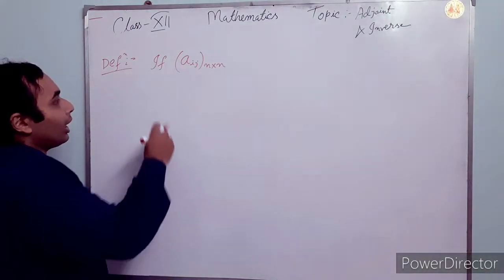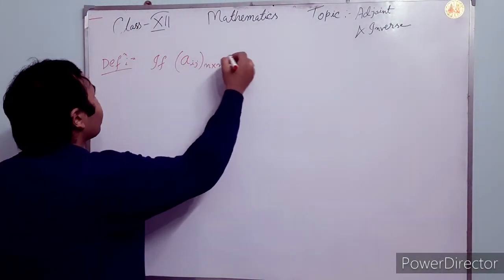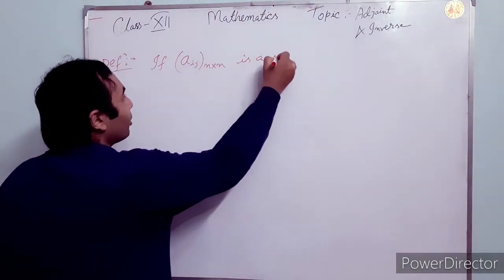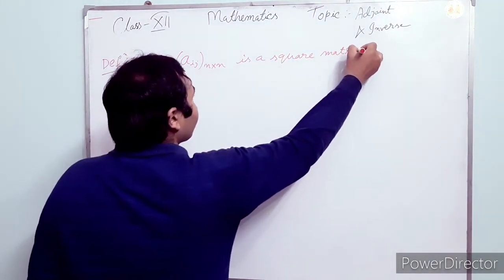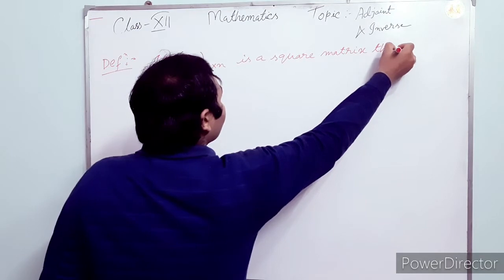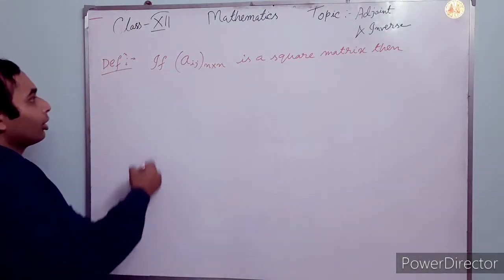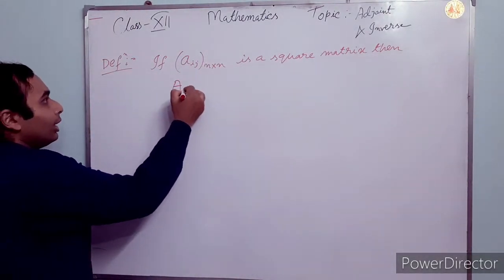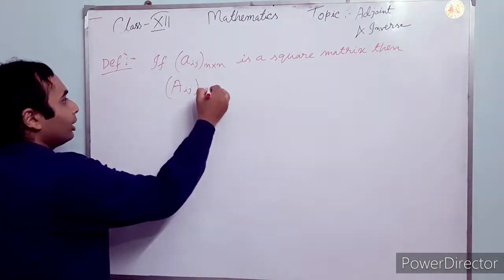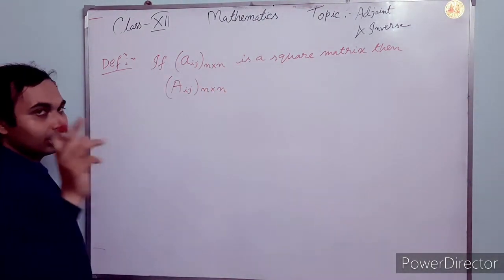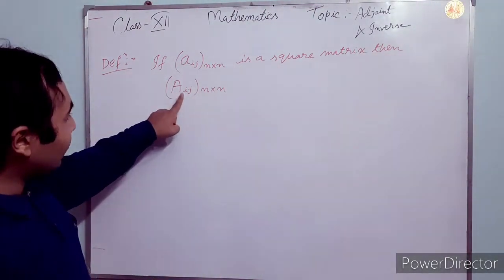So if Aij n cross n is the square matrix, then Aij n cross n, just see what I am writing.